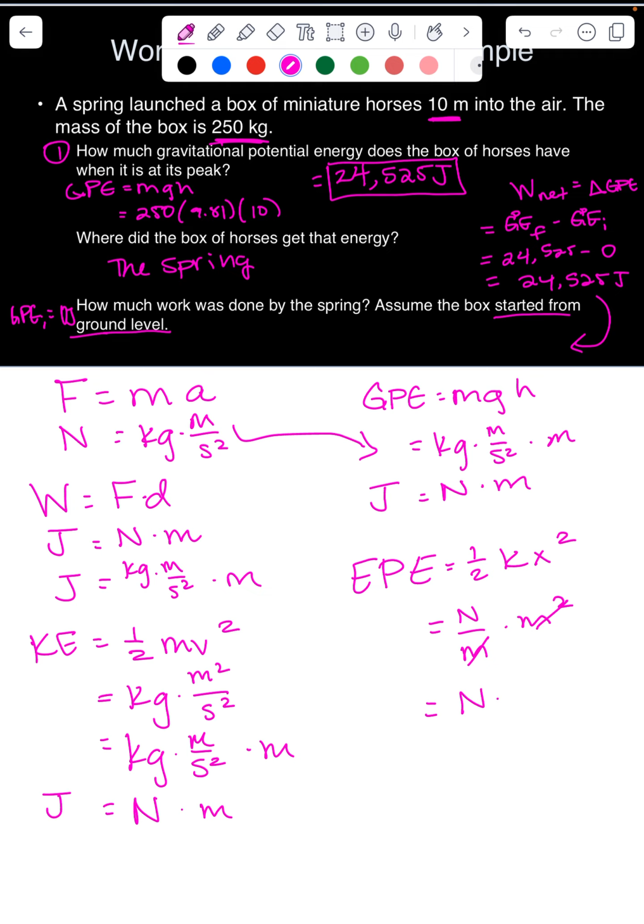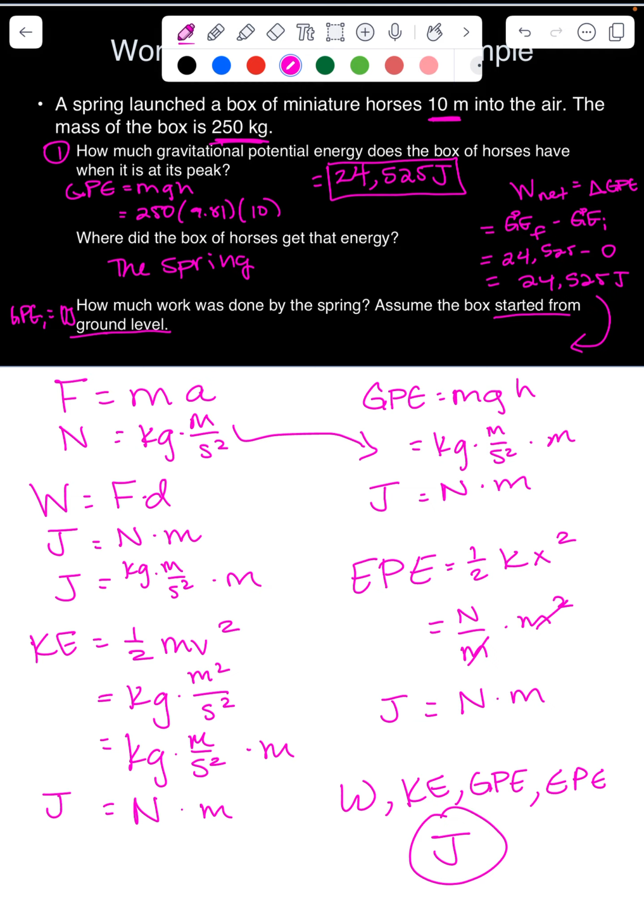So that's going to be Newton meter. Hey, that's a joule too. So all of this is showing that work, kinetic energy, GPE, our gravitational potential energy, and elastic potential energy are all measured in joules, and they are all scalar quantities.